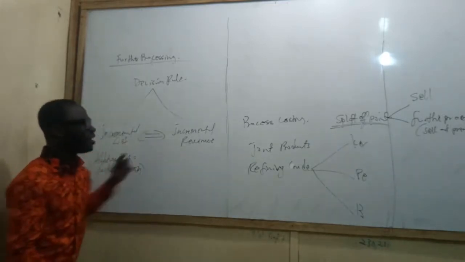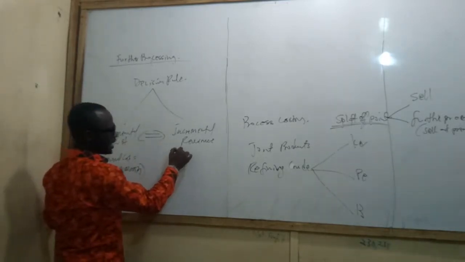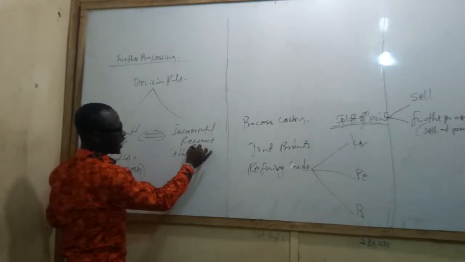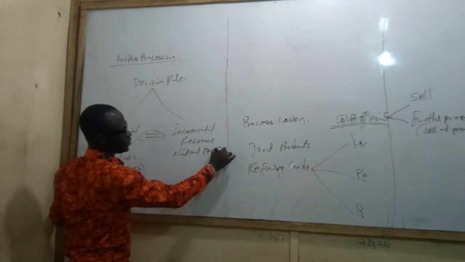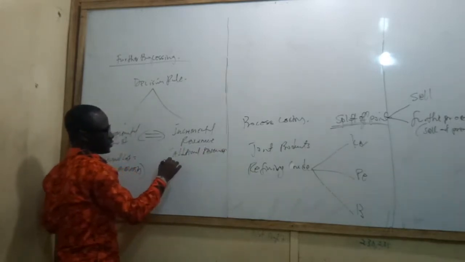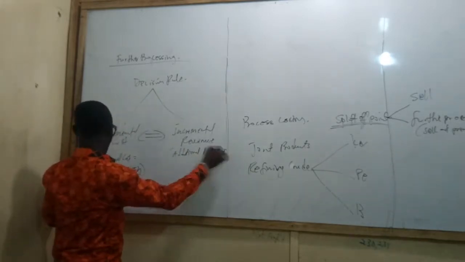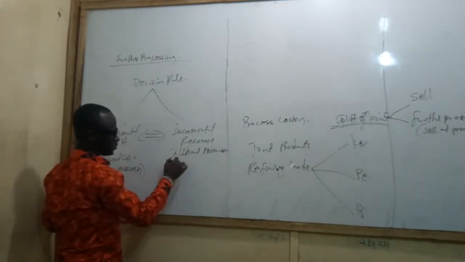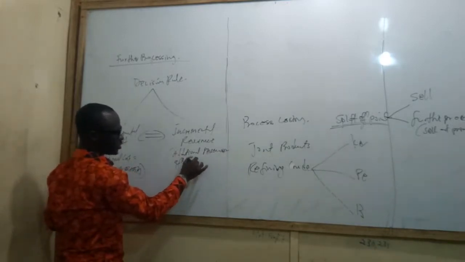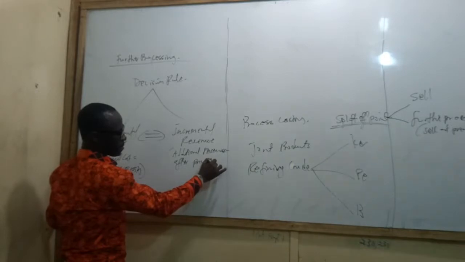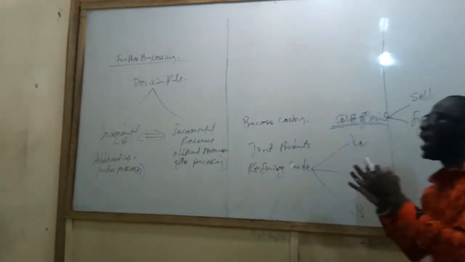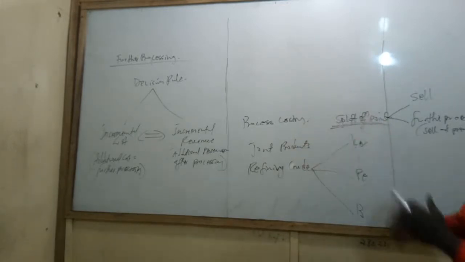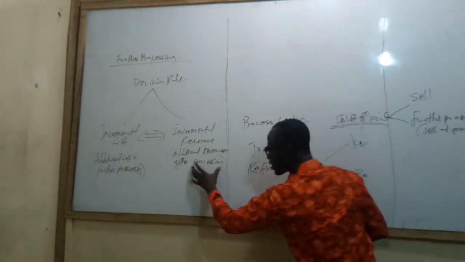The incremental revenue is the additional revenue to be obtained when we sell after processing. So we compare incremental cost against incremental revenue.